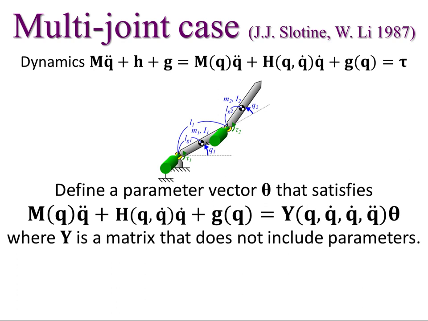The first q dot is the q dot of the contents of the matrix H. The second q dot is the q dot that appears in the form of the multiplication with the matrix H. The matrix Y is independent of the robot parameters, so we can compute the matrix Y even if we don't know the robot parameters.